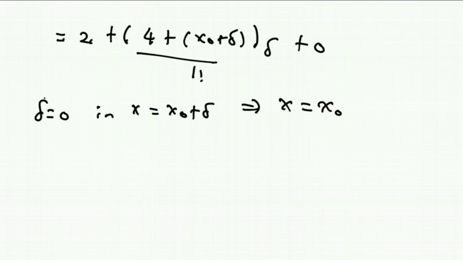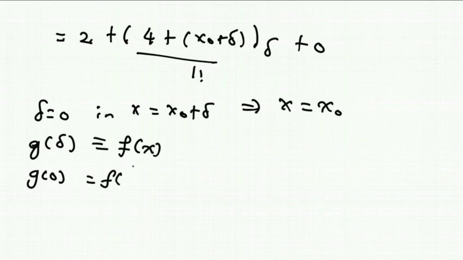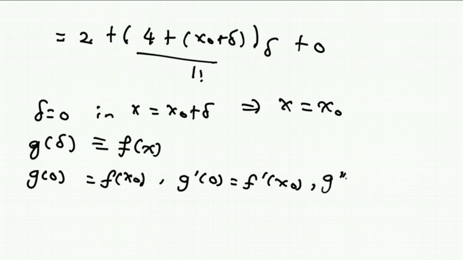Now, because we said earlier that g(delta) is actually an identity to f(x), then we can have something like this. g(0) is actually f(x naught), and g prime(0) is actually f prime(x naught), and then g double prime(0) is actually f double prime(x naught).